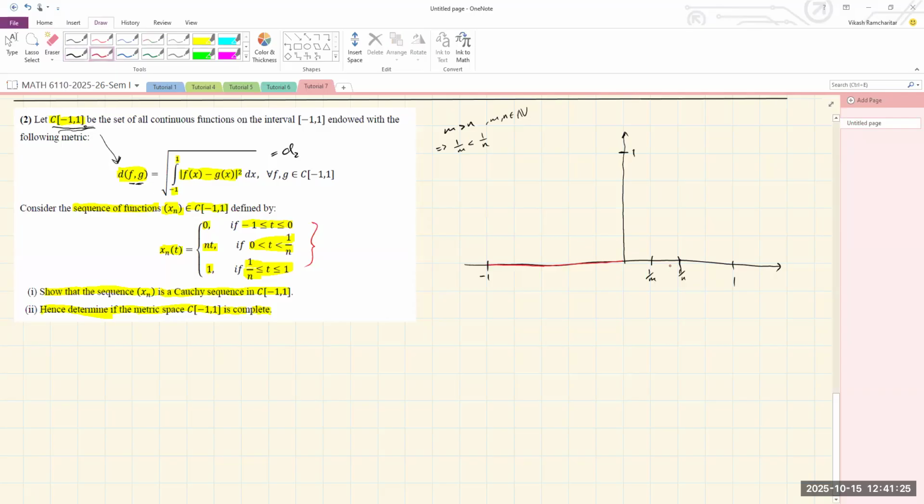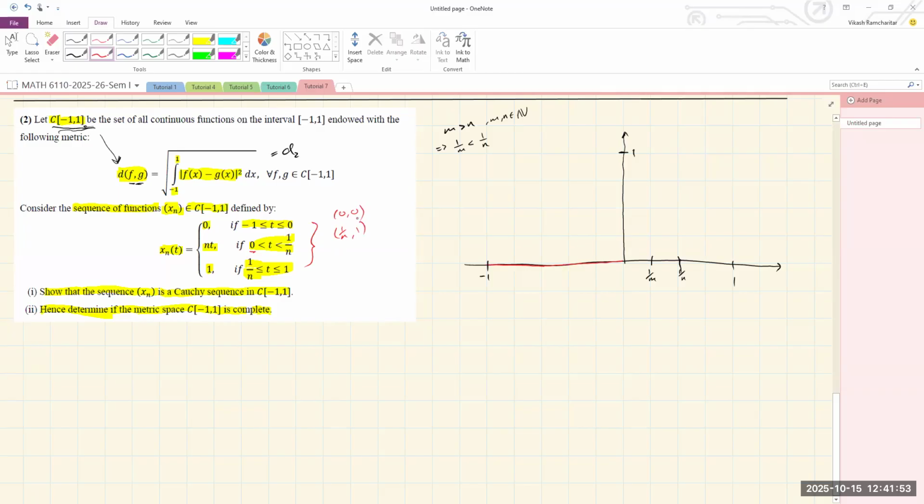From 0 to 1 over n, it's nt. That's the equation of a line, in fact a line having gradient n. If you work out two points on this line, one point is 0, 0, and another point is 1 over n, 1.